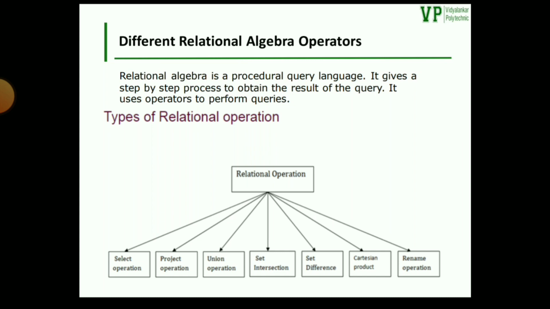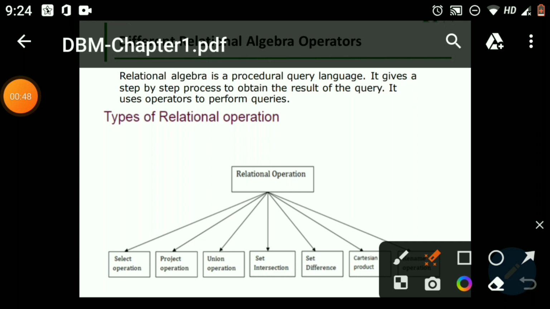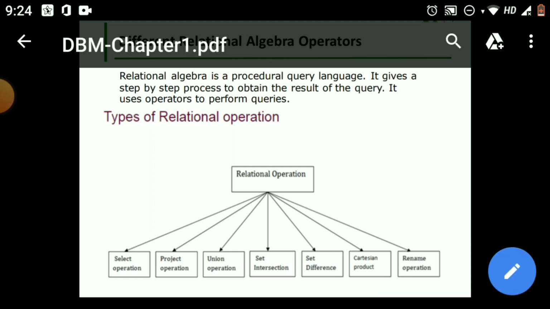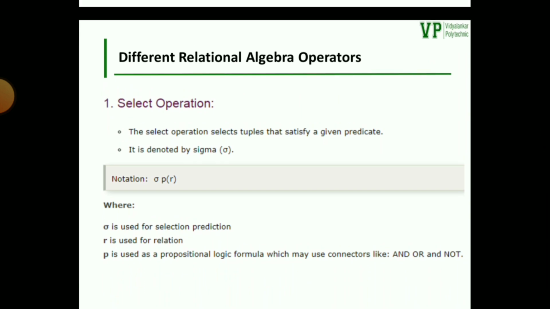They are selection operation, projection operation, union operations, set intersection, set difference, Cartesian product, rename operation. Okay? The first is select operation. The select operation selects tuples that satisfy a given predicate.